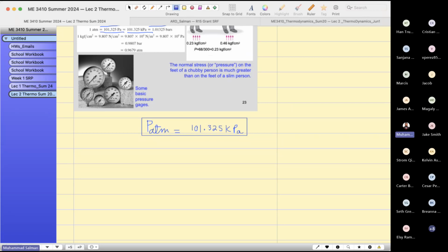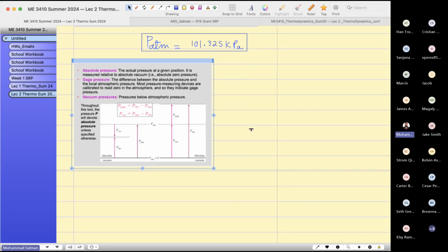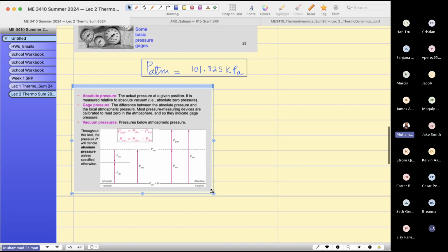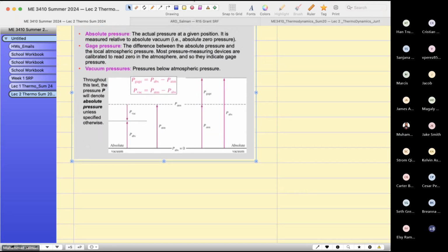And then we have some positive pressures and some negative pressures. Negative pressures are vacuum, positive pressures are gauge pressure. The gauge pressure is above the atmospheric pressure.